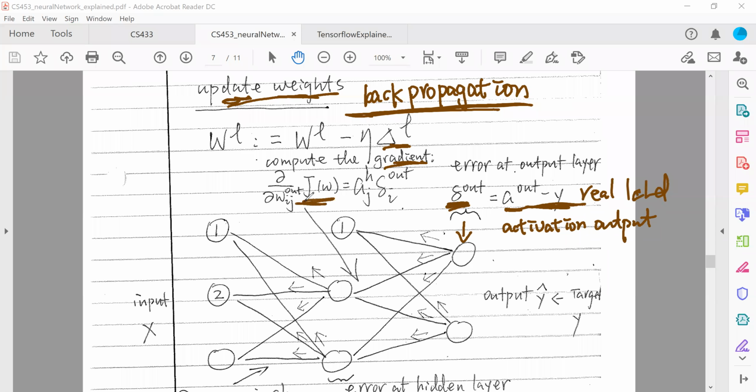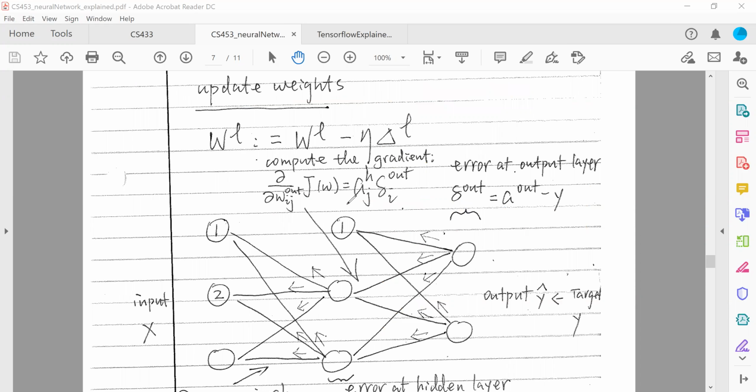The cost function or loss function takes a partial derivative with respect to the corresponding weights, here the output layer's weights ij. It's going to be equal to what? We don't need to use the big matrix multiplication to find the derivative.